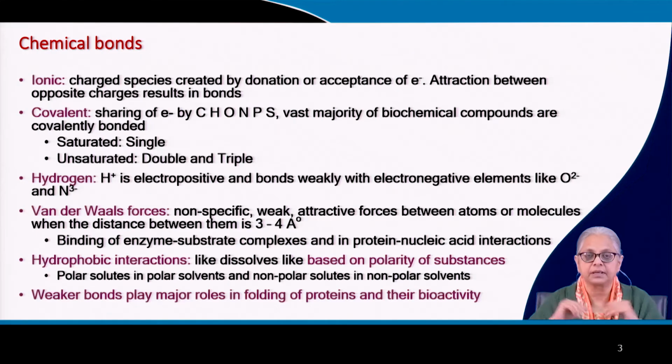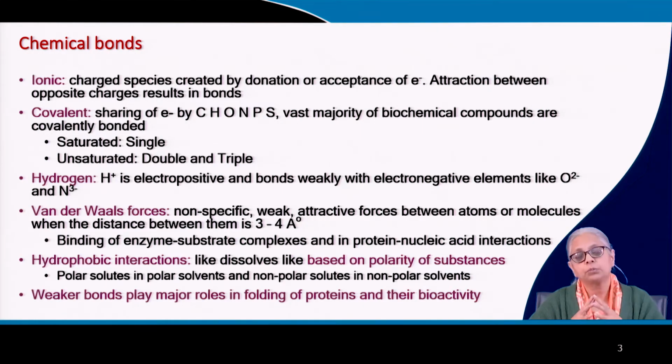These six elements comprise the bulk of the mass of any living organism, but more so for microorganisms. The sharing of electrons by any of these elements is basically going to result in covalent bonds, and the vast majority of biochemical compounds are covalently bonded.